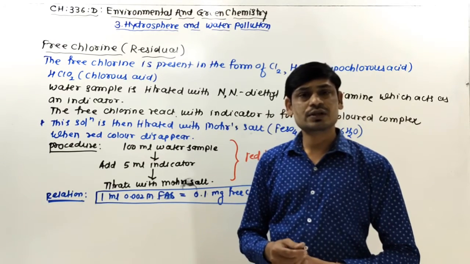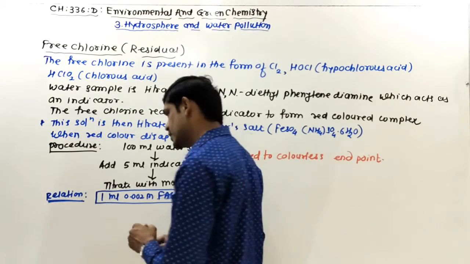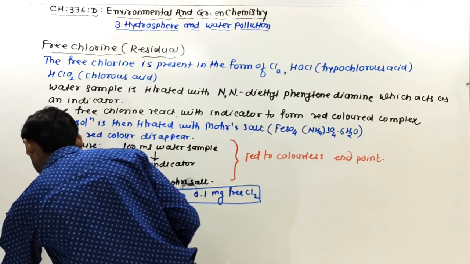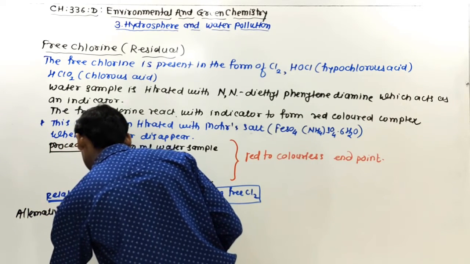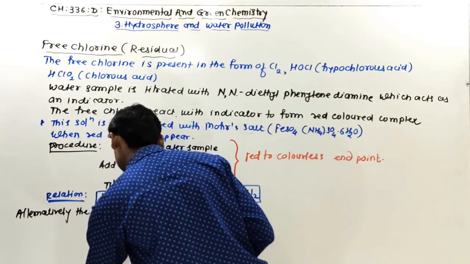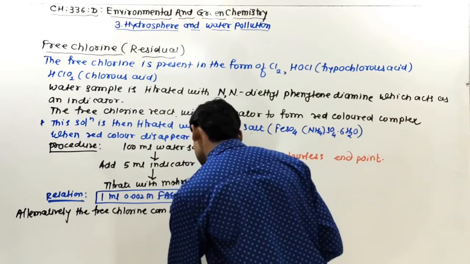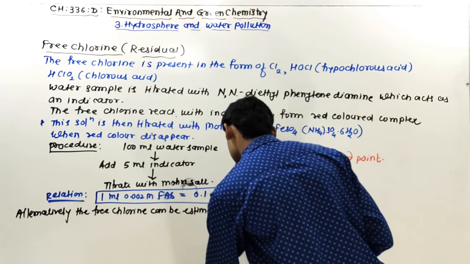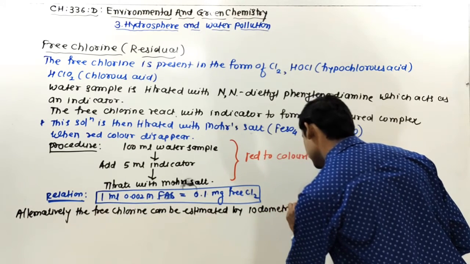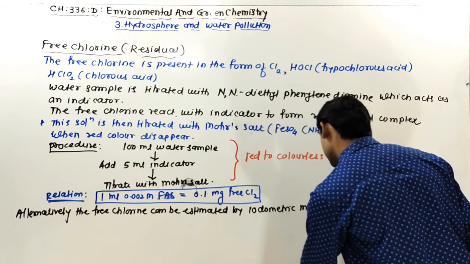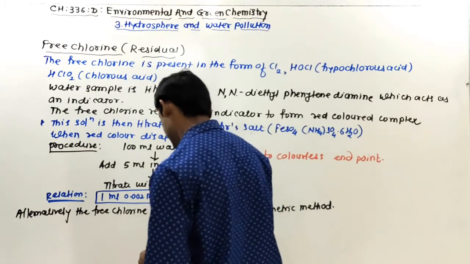Alternatively, the free chlorine can be estimated by the iodometric method also. The procedure is in this way.